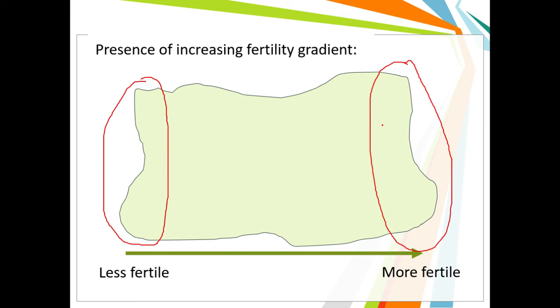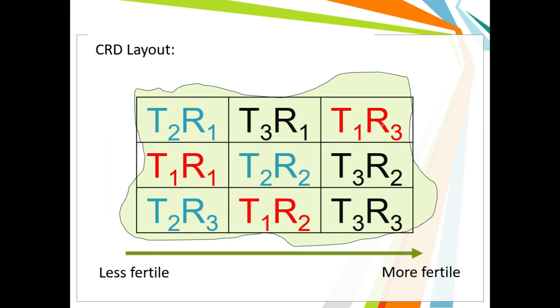Okay? So, assuming CRD ang ginamit, ano ang magiging possible na layout? Let's say meron tayong tatlong treatments and tatlong replications na study. So, we have T1, T2, T3, and R1, R2, R3. Kung randomize yan, complete random design yan. So, magle-layout lang tayo ng 9 na plots.